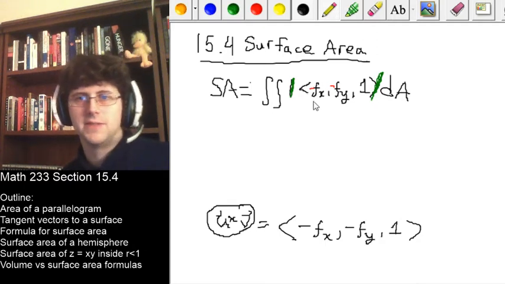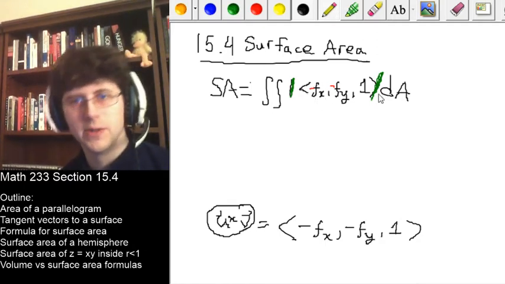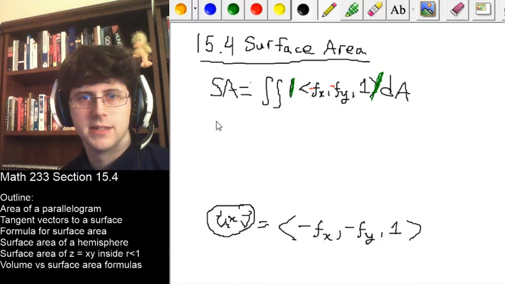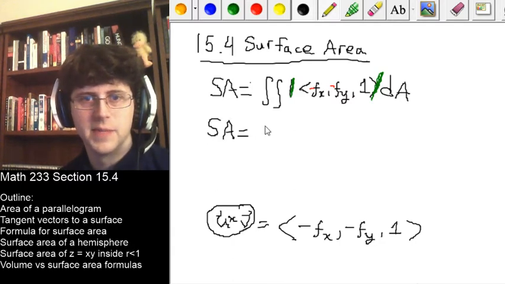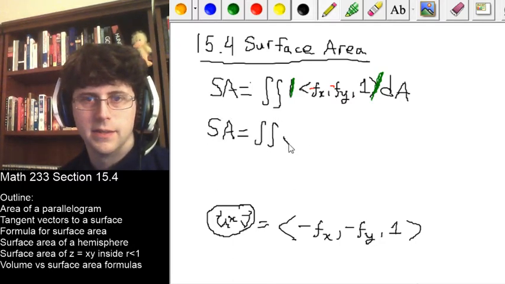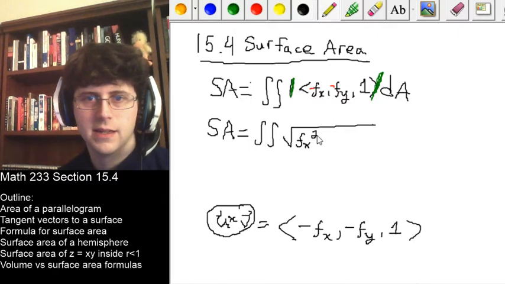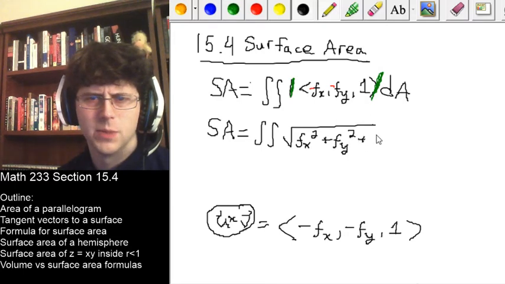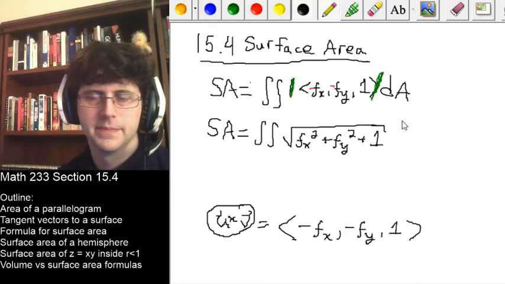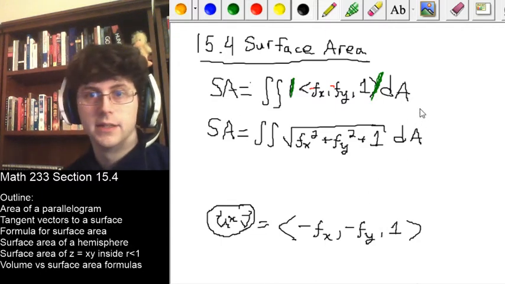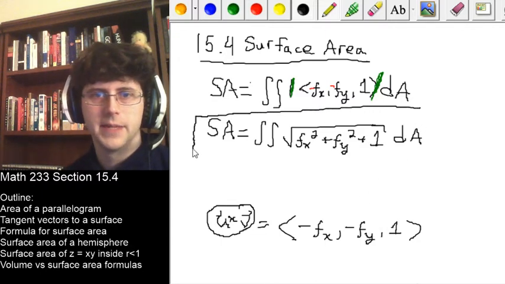To do that, you do the square root of each one squared. So this is going to be our final surface area formula. Square root, we get fx squared plus fy squared plus 1 squared, that's just 1. Call this dA. So this is our formula.